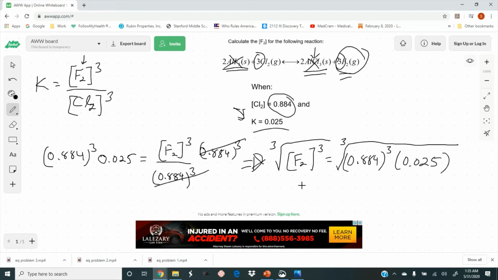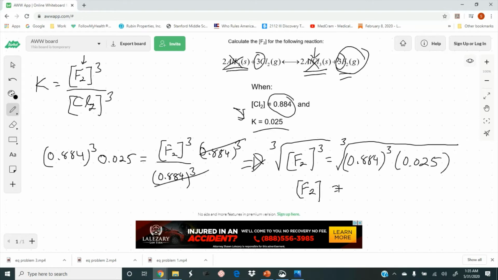When you do that, you get your concentration of F2 by itself. Here I'm going to use my calculator, and in my calculator I get 0.884 to the third power, gives me 0.6908, something like that, times 0.025, gives me 0.01727, and if I take the third root, let's see, on my calculator, where is my third root?